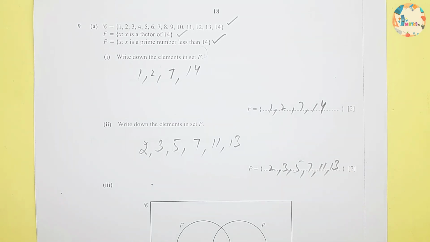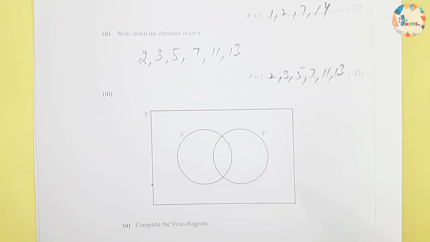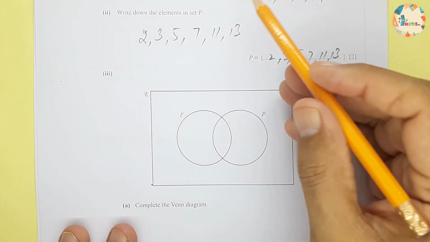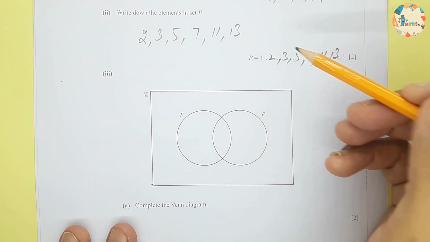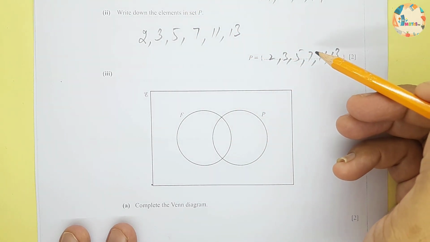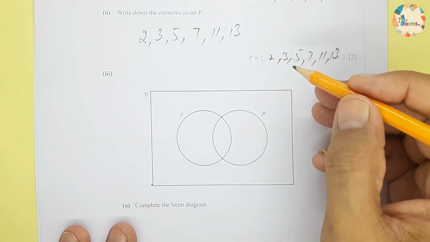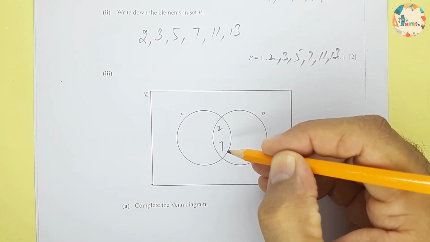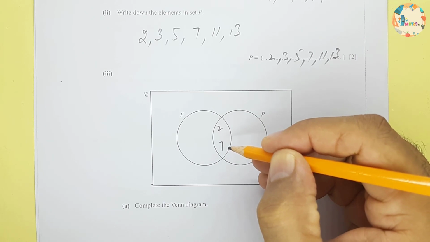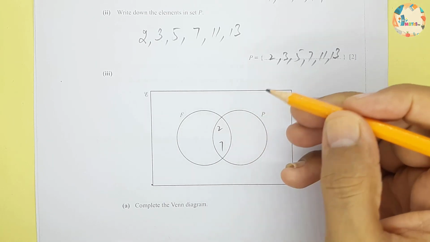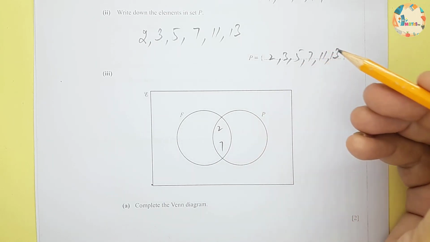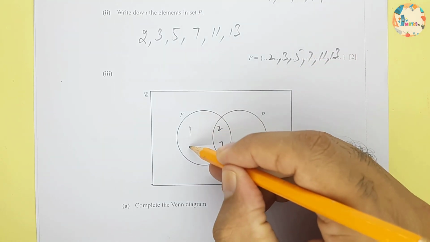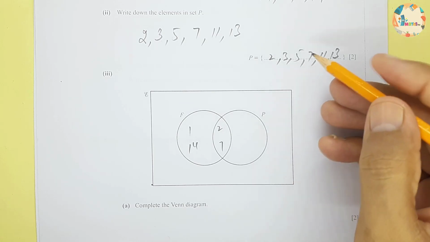Then complete the Venn diagram. F is this one. We'll have to check what is overlapping in both. 7 is overlapping in both, right? 2 is also overlapping in both. So 2 and 7 will show over here, and the rest will be for F: 1 and 14 on this side.